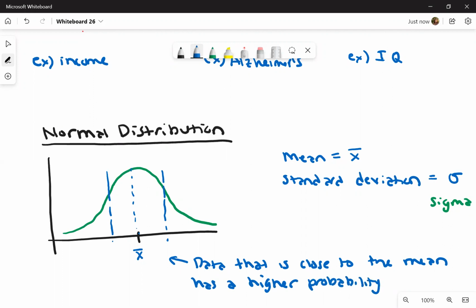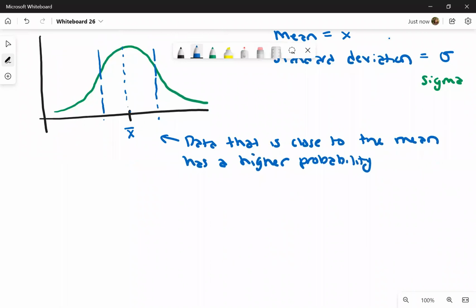What it also means is that most of the data is close to the mean. In fact, if you go a little bit out from the mean, we are going to look at what percentage of the data is covered.